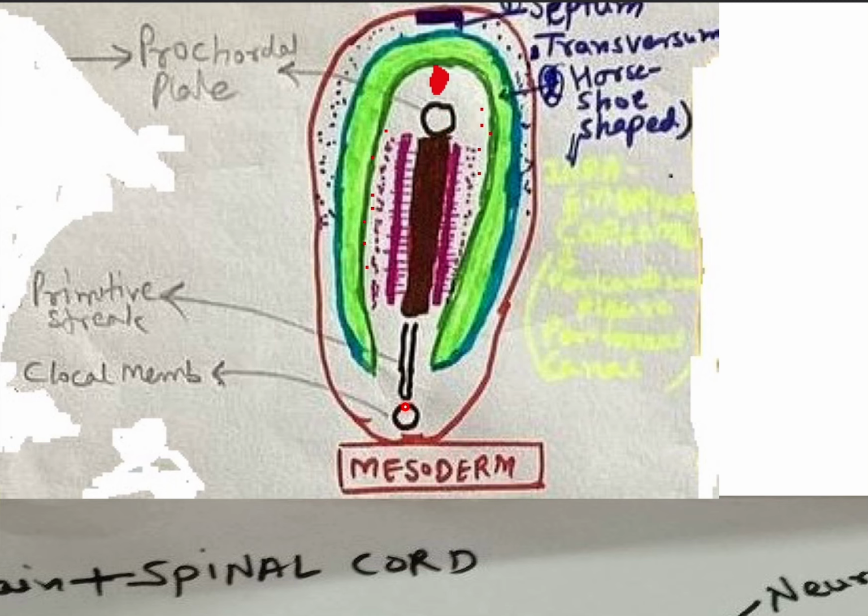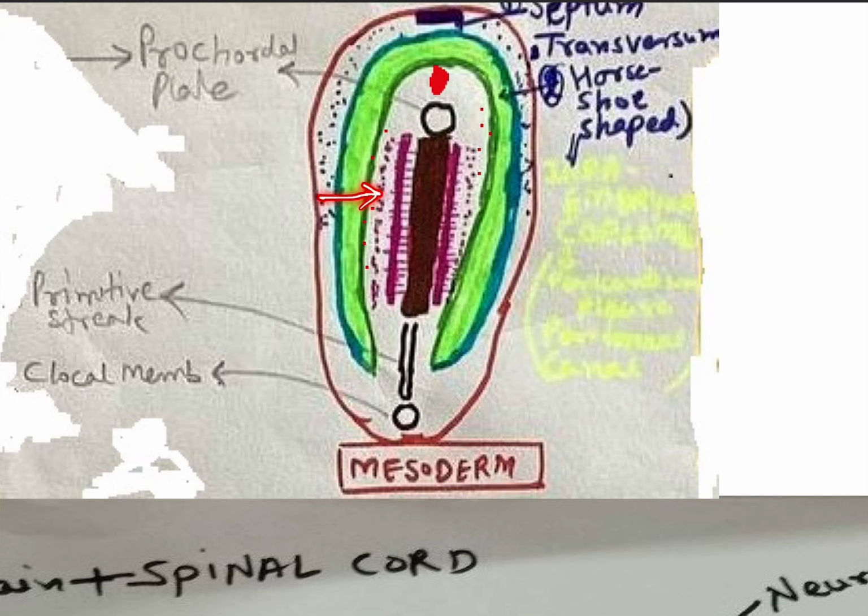The posterior-most part is the cloacal membrane, which will form the future anus, and this is the primitive streak. Near the axial mesoderm, this line is the paraxial mesoderm, which will form somites, and this is the intermediate mesoderm, which will form gonads and kidney.